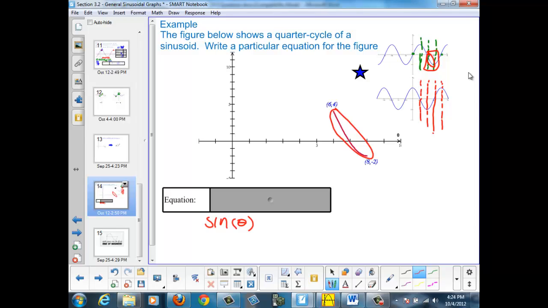So this 6, 4 tells me that the 4 is going to be my midline. If I continued this graph up and over, I could see how my sinusoid is going to play out. So the 4 is my C value, or my sinusoidal axis.